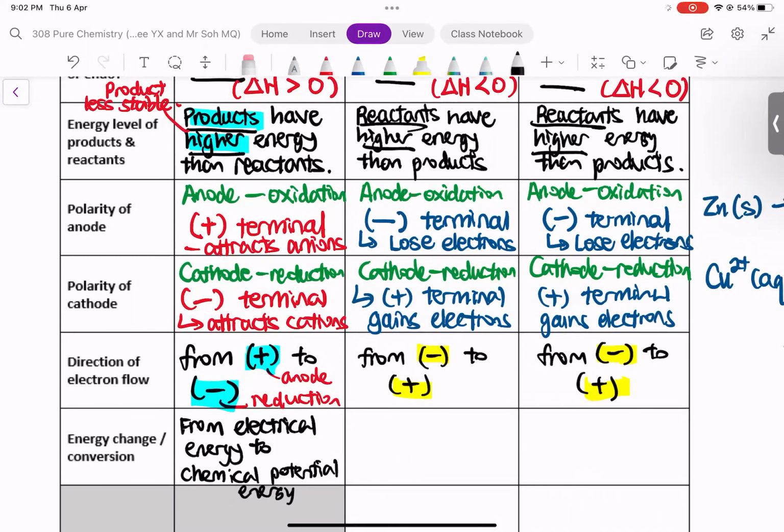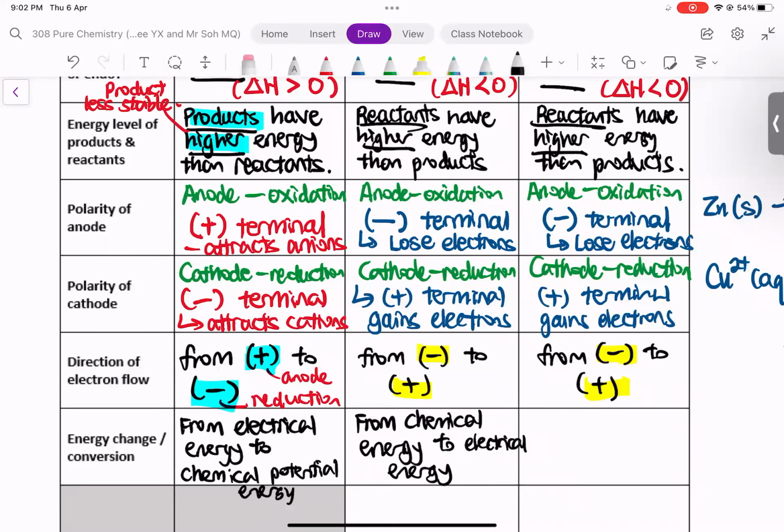And if you recall right at the start of this session, I mentioned that electrolytic cell is the opposite of electric cell, meaning electric cell must be the opposite, right? It starts off from chemical energy to electrical energy. And that makes sense.